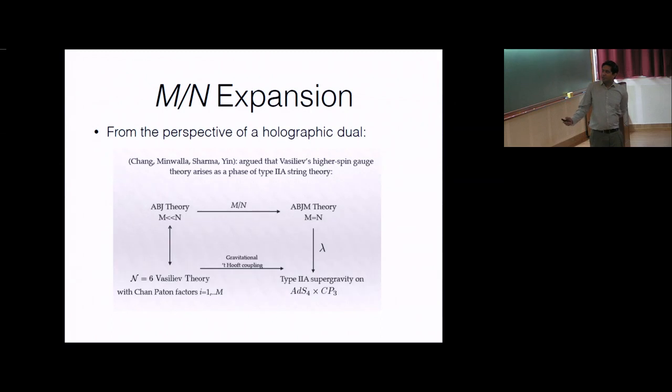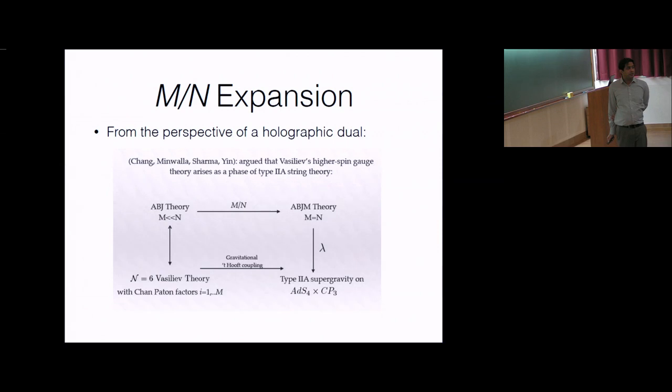Of course, the free theory can be described for any M over N, and weak interactions can be done for small M over N. Could there be something interesting that happens in between here? We really don't know. This is a vague picture that needs to be clarified, and that's part of the motivation. So we don't know that there's a phase transition in between.